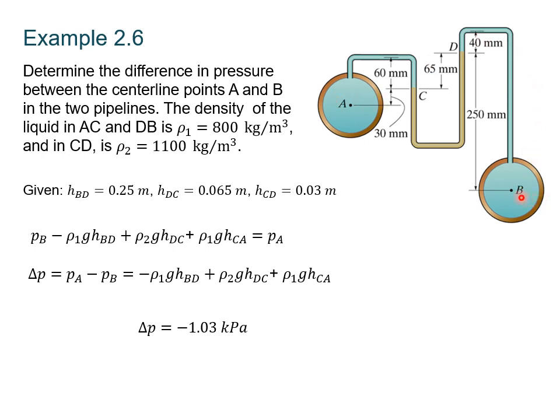So remember, the manometer rule has two parts. If you move horizontally in the same fluid, the pressure stays the same. If you move vertically, you have to account for the pressures by multiplying the density times gravity times the change in height. So start at B, we're going to move up to here. Why here? Well, because if we find the pressure here, we can simply jump across to D, right?